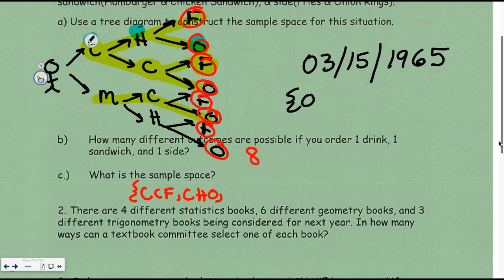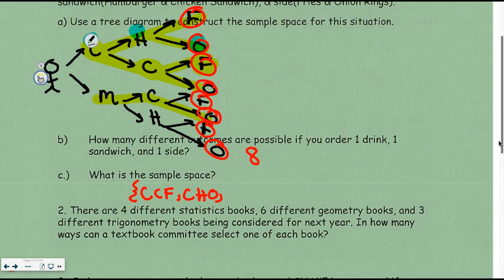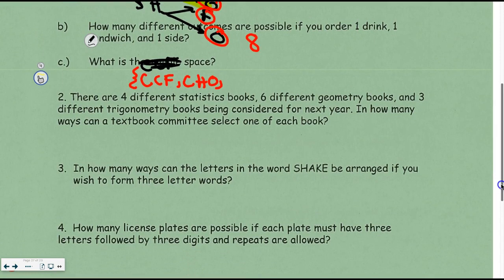Then you would say, well, there's a 0, there's a 3, there's a 1, there's a 5. You wouldn't list the 1 again. There's a 9, the 6, and you wouldn't list the 5 again. So those are the sample space for the digits in that birthday. Don't list them twice. Just like I wouldn't put my Coke, chicken, fries in here twice. So make sure you keep each one in your sample space distinct.